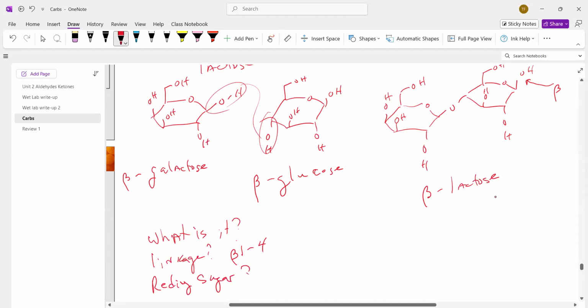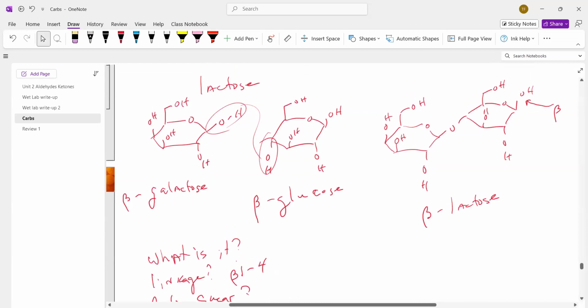Reducing sugar? Well, is there a hemiacetal present? That's a hemiacetal.